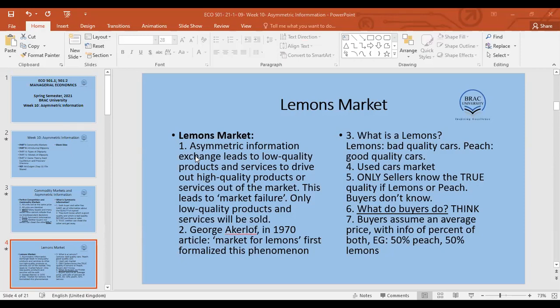A bank will give you a loan. Is the bank the buyer or the seller? The bank is selling the loan, right? The bank is the seller, and you are the buyer who is going to buy the loan. You're taking the loan for some business project. Now, who knows the actual quality of the project, whether it's a risky project or a safe project?